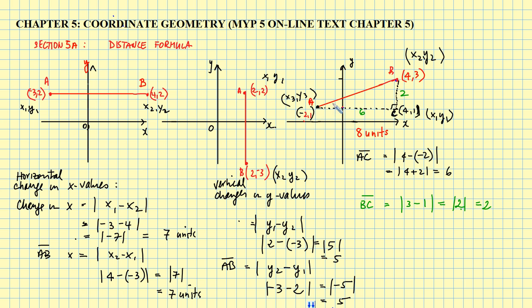Now, because we've formed this 90-degree triangle, technically to find out what the hypotenuse is, because what we are looking for is the hypotenuse, it's opposite the 90-degree angle, so that must be the hypotenuse.